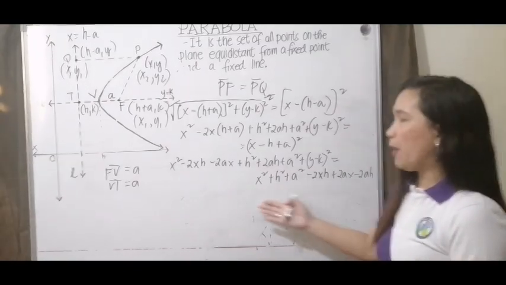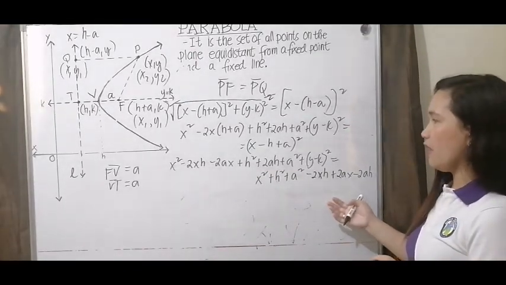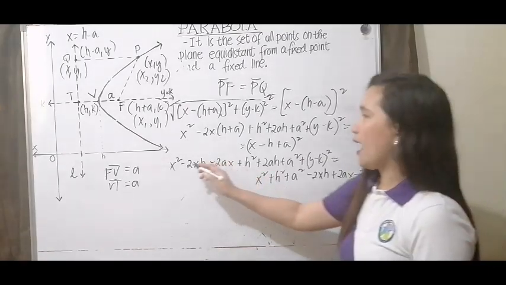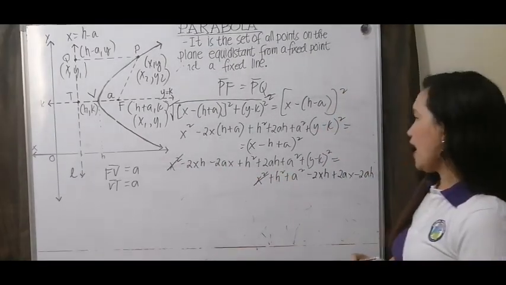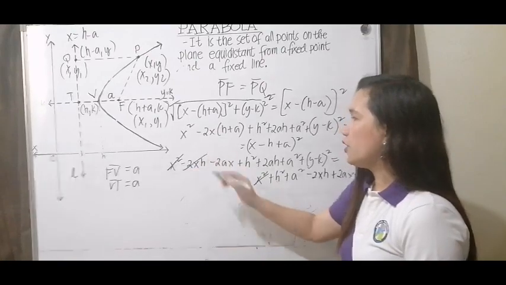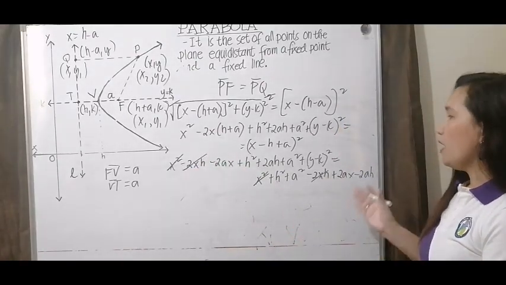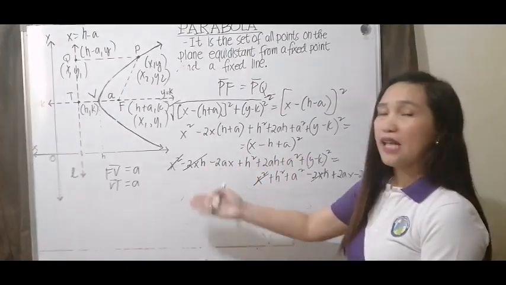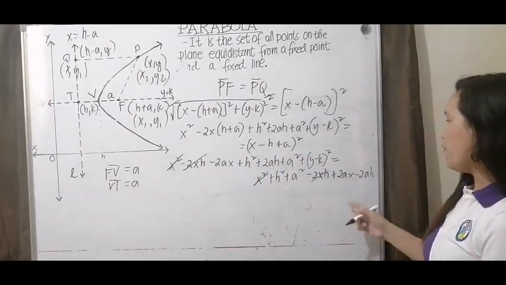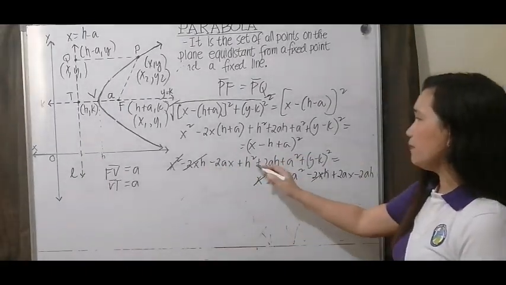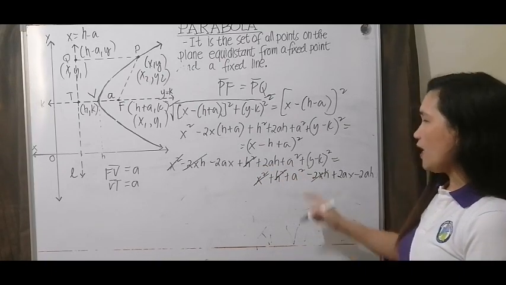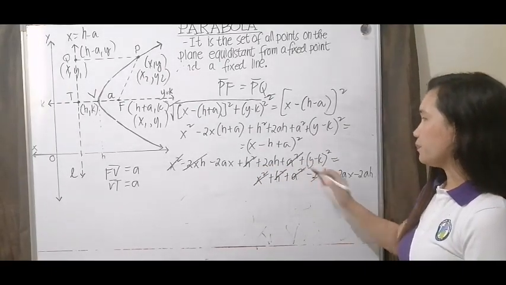We can use the addition property of equality to simplify this equation. So we can cancel x squared. What else? We can cancel negative 2xh on both sides, because if you transpose to the other side, this will be 0. Aside from that, we can also cancel h squared and a squared.